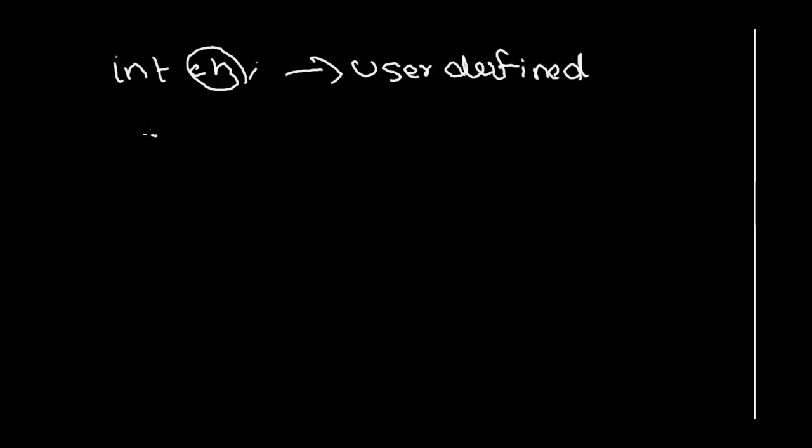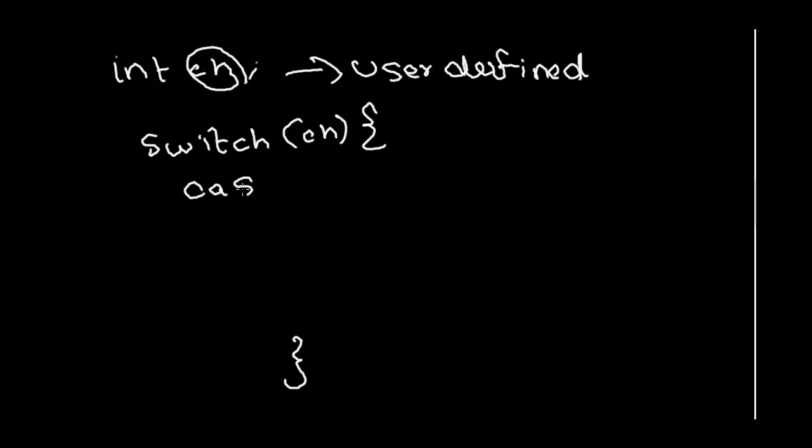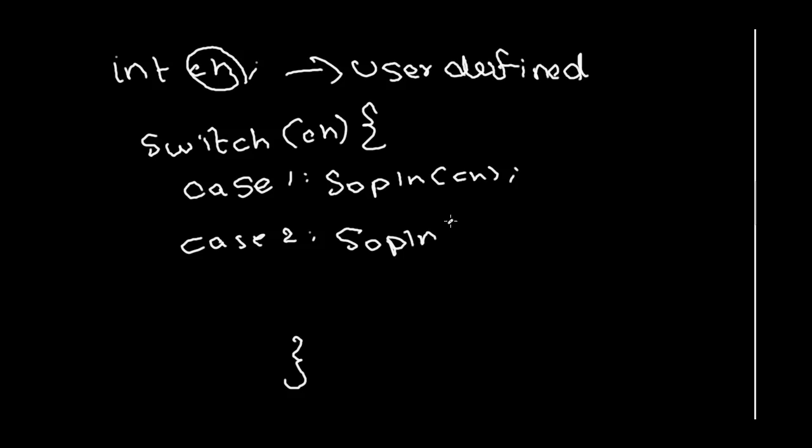Now you write switch ch, case 1, case 2. Let's say case 1 is print ch, and case 2 is print 2.